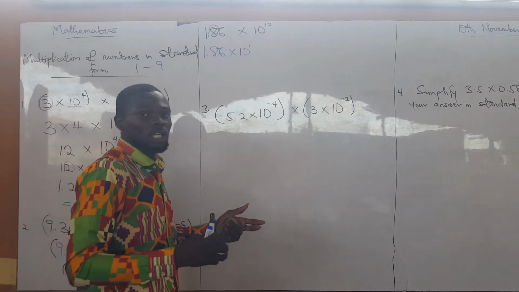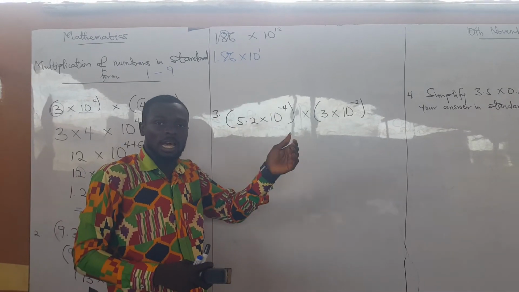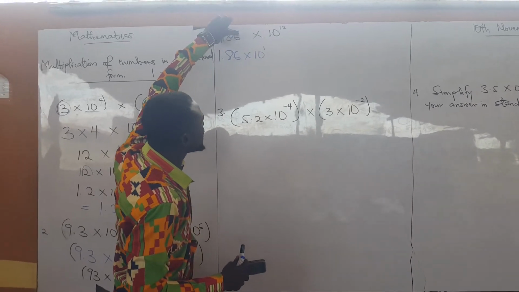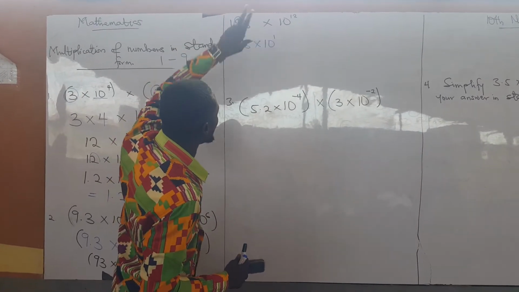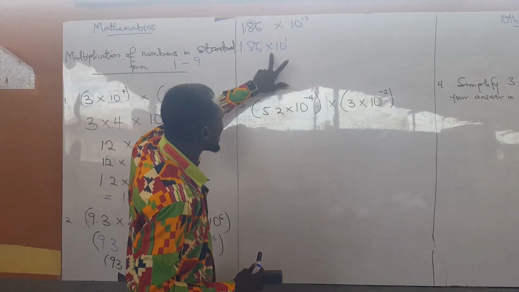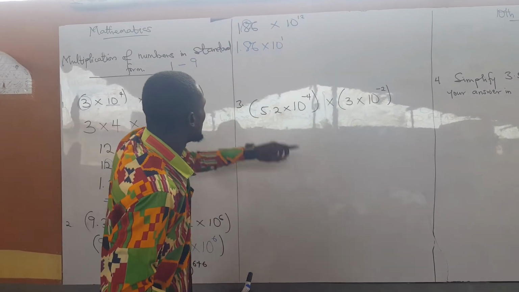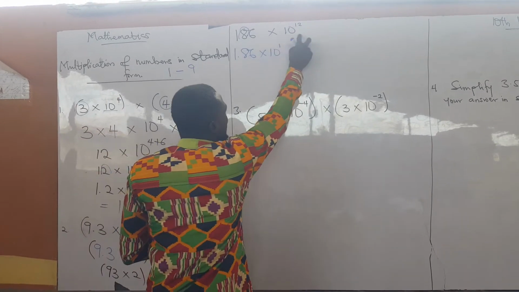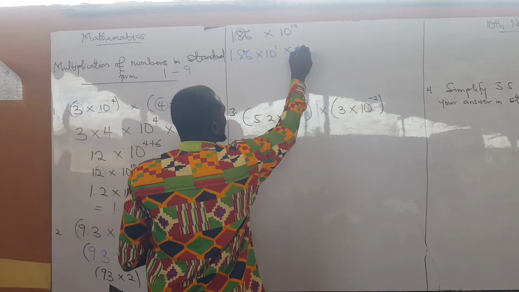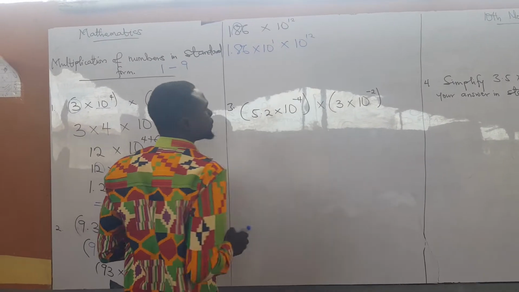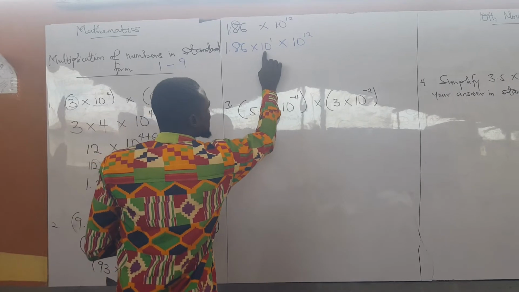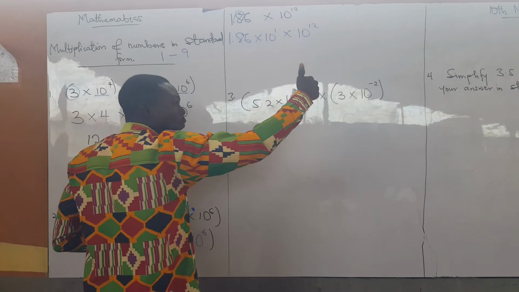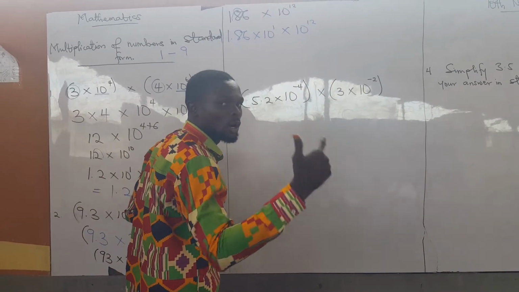So in our previous video, we talked about how to change numbers into standard form and vice versa. So this number, which is 18.6, in standard form is 1.86 times 10 raised to the power 1. And 1 can be found within this range. So I'll just bring this one, which is times 10 raised to the power 12. Because we are multiplying a power times a power, we are going to use the law of indices.